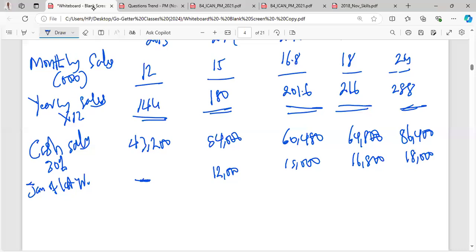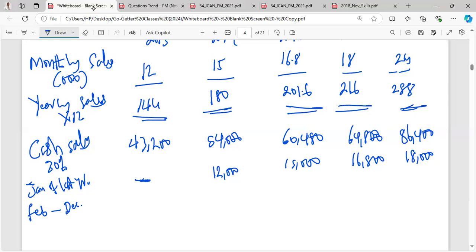Then we'll say February to December. This is like 11 months of the normal sales for the year. 11 months out of it. The 11 months, 70%.